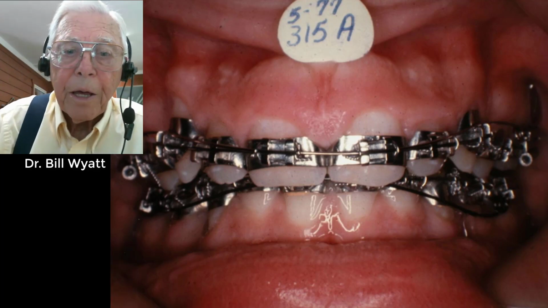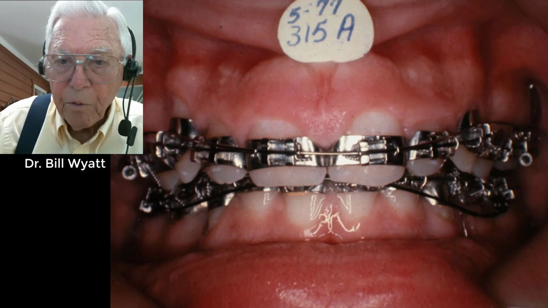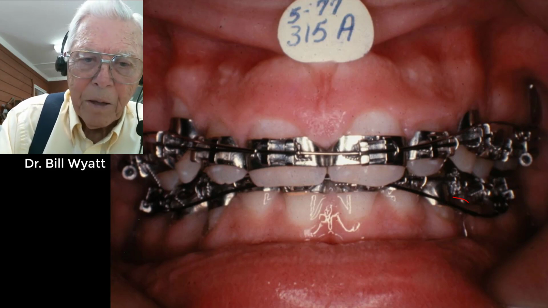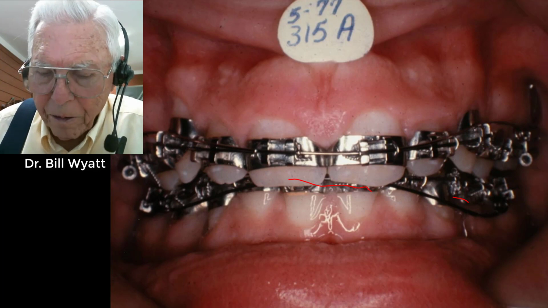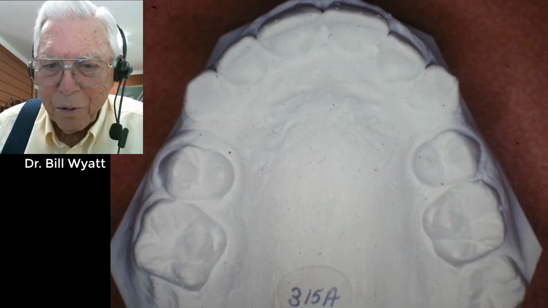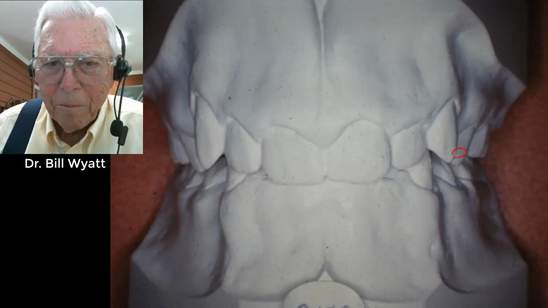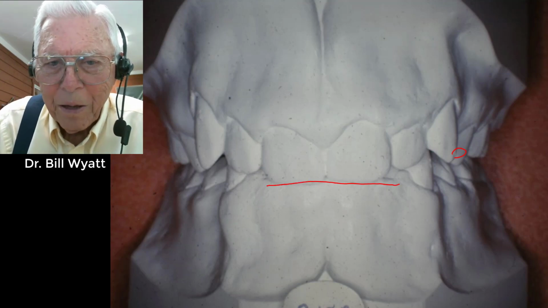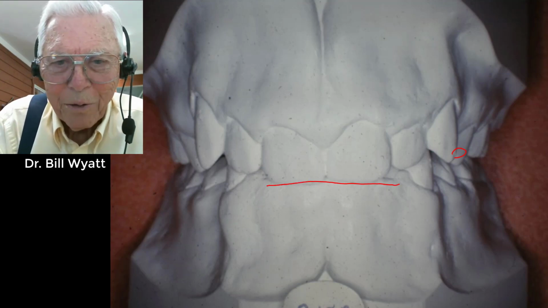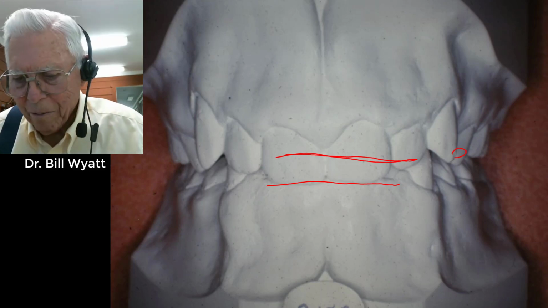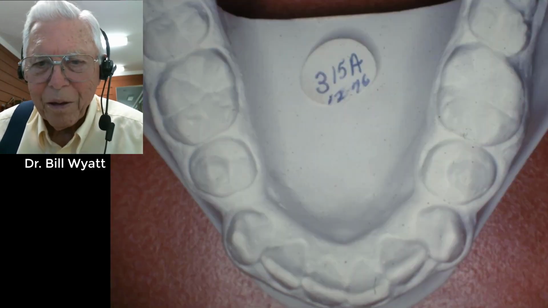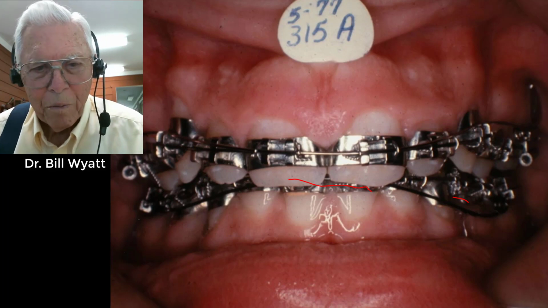Okay. Now, we banded this case, and you look at it and say, hey, well, that's not as bad as you thought. Let me go back and show you where the model was. It was down here, and we just put the bands on, and now the upper teeth are up here, see? They're like that. Now, I have to bounce this back and forth.